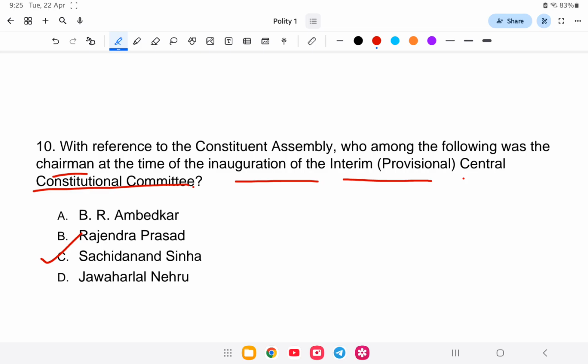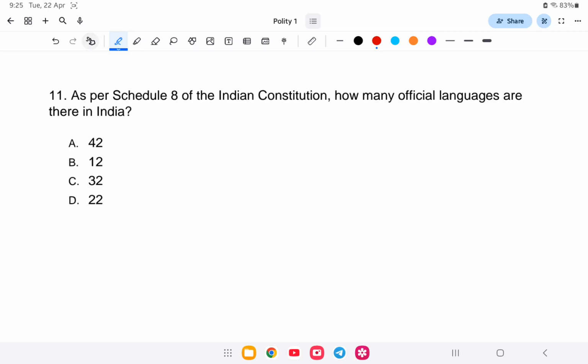Next question. As per the 8th Schedule of the Indian Constitution, how many official languages are there in India? Is it 42, 12, 32 or 22? It is 22. Let us study in detail.